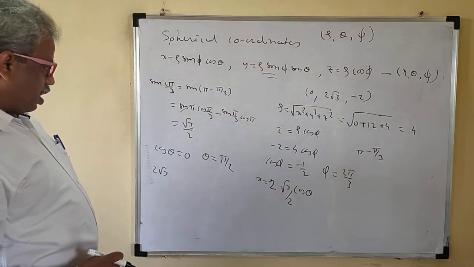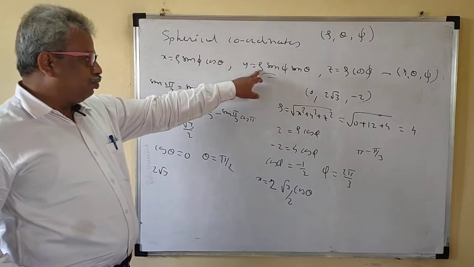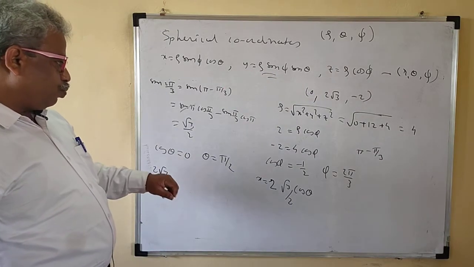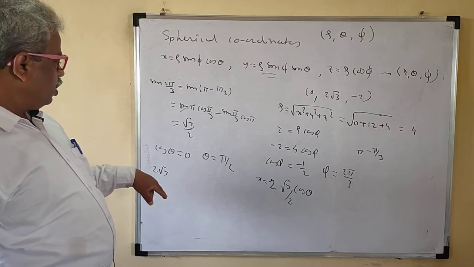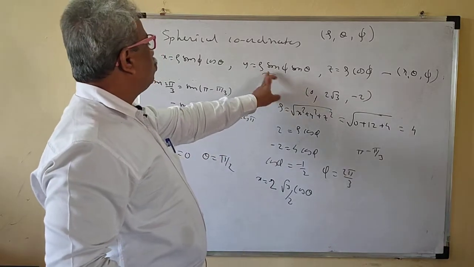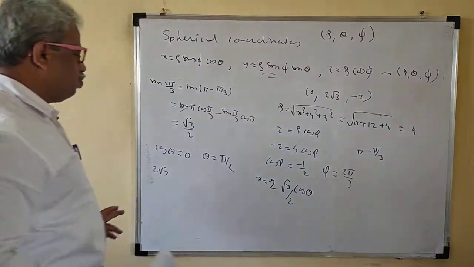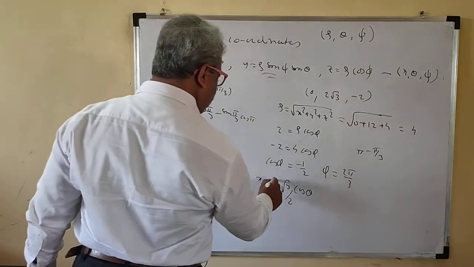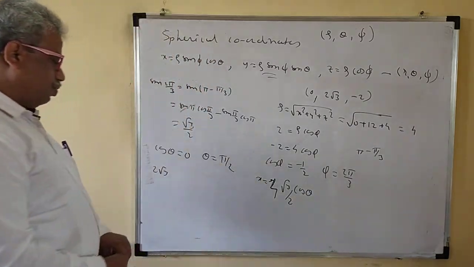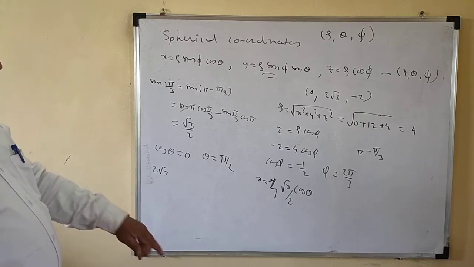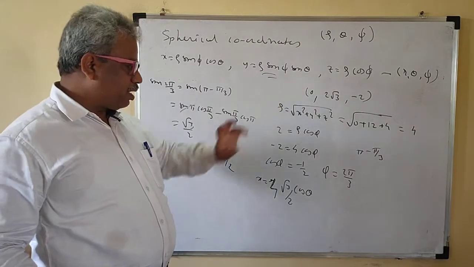Your rho is 4 now here, so 4 root 3 by 2, so this is 2 root 3. Yes, we get the 2 root 3. There should be 4 now, but because of 0 we get this one. No problem for this one. That means we are correct.